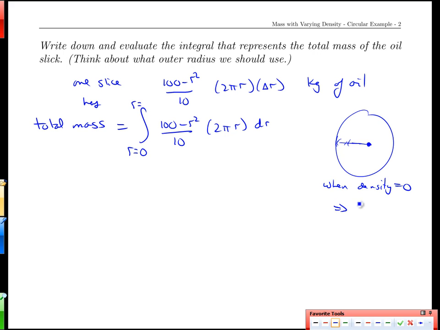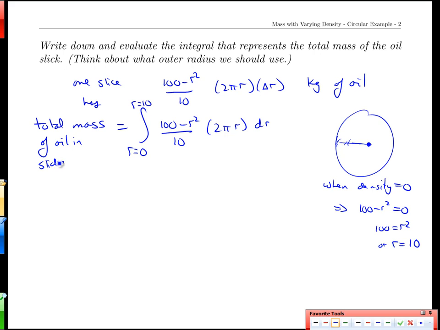And that happens when 100 minus R squared equals 0, when 100 is R squared, or at R equals 10. Only positive radii really make sense here, so we'd use the positive 10 as our upper limit, and we'd see that on that last slice, right at the boundary here, we would have 100 minus 100, or 0 oil at that point. And that becomes our integral that computes the total mass of the oil in this slick.